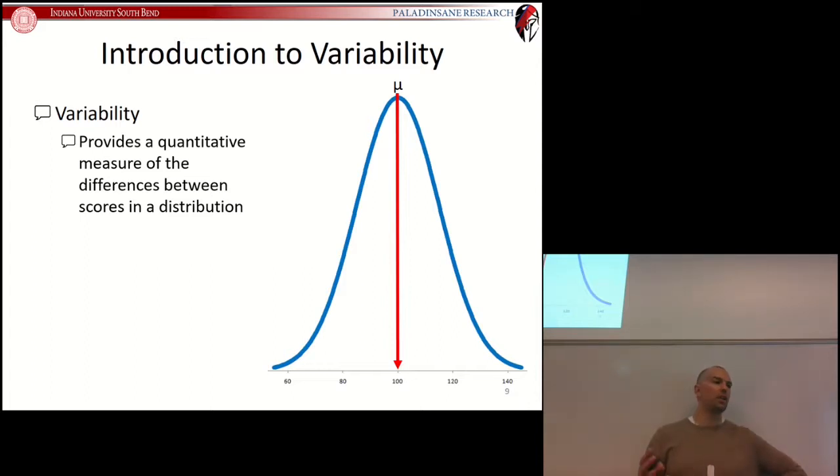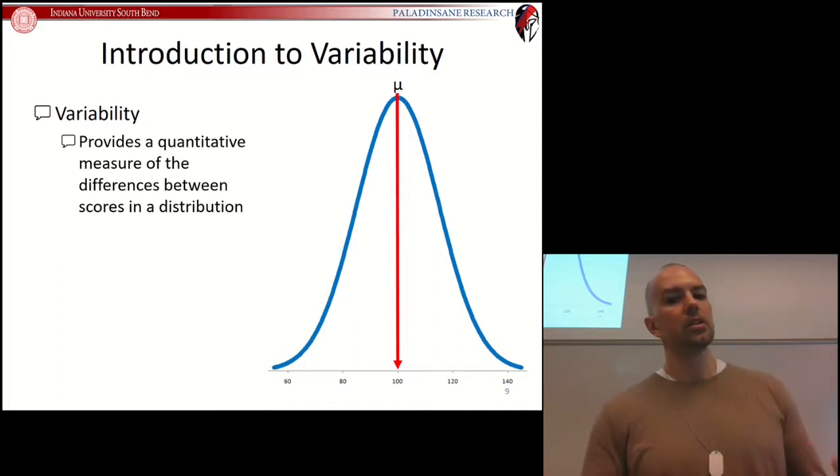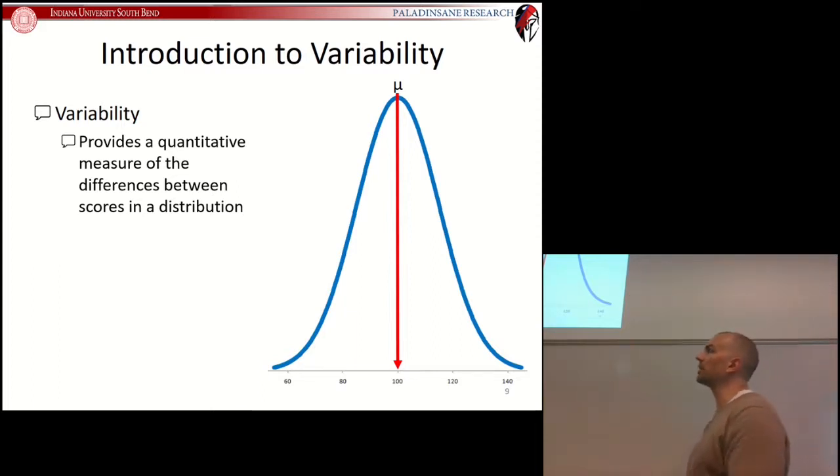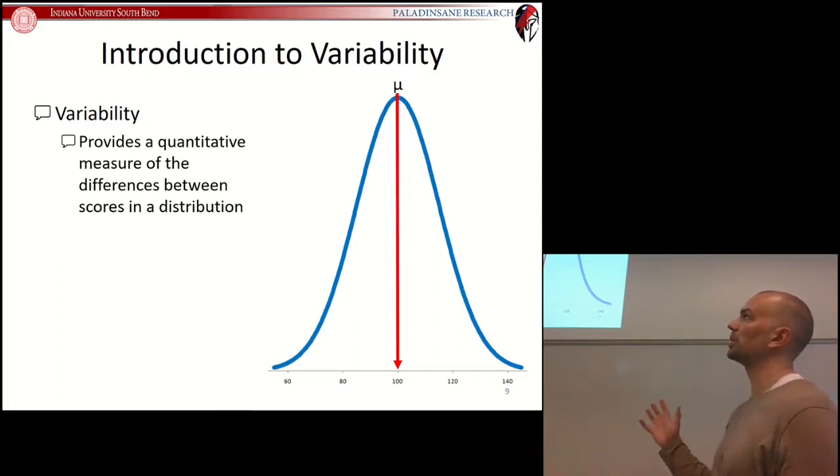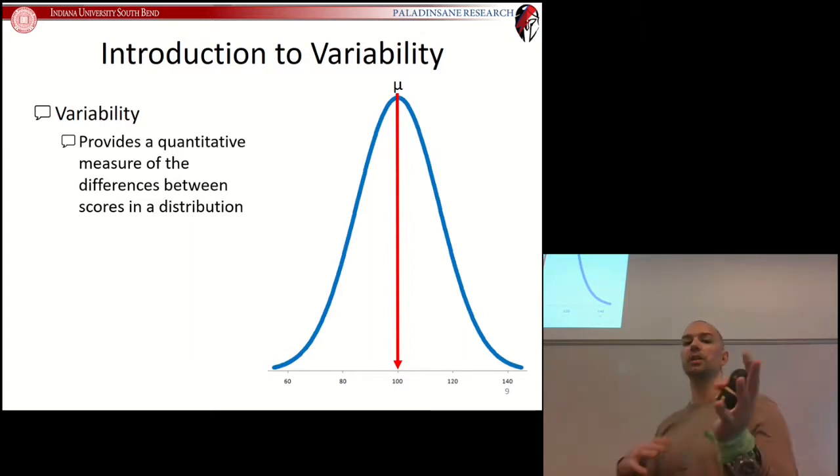It's all well and good to talk informally about a distribution that's really wide or really narrow. But at some point, to do the science, you've got to put numbers on it so that we can communicate with other people and know exactly how wide or how narrow it is. So that's what variability is. It's a number that tells you how wide a distribution is. What is the difference between different scores in a distribution?